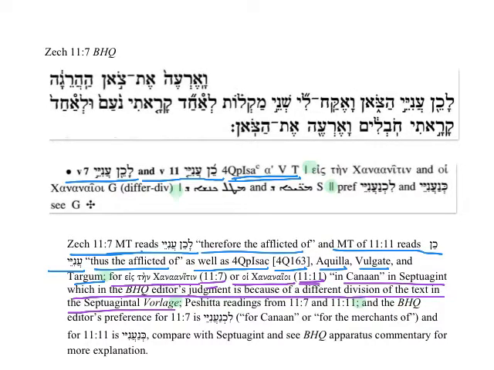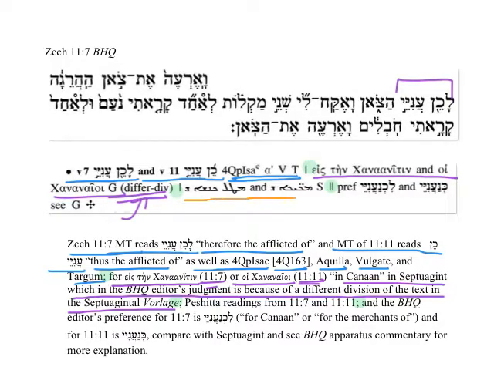That is, this note here, this differ-div, there's a set of abbreviations or a typology in the front of the BHQ where the editor is telling very specifically the user his opinion in the case of these Septuagintal readings is because the text is divided differently, or to put it specifically, because these two words aren't separated in verse 7 and verse 11, but they're together in the Hebrew text that the Septuagintal translator was working with.